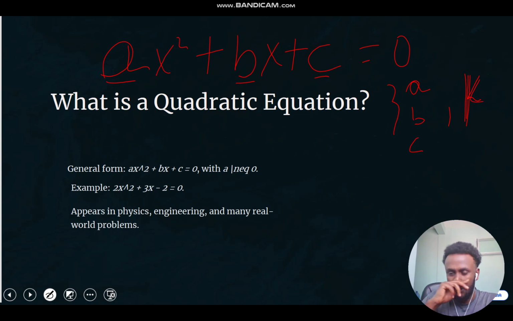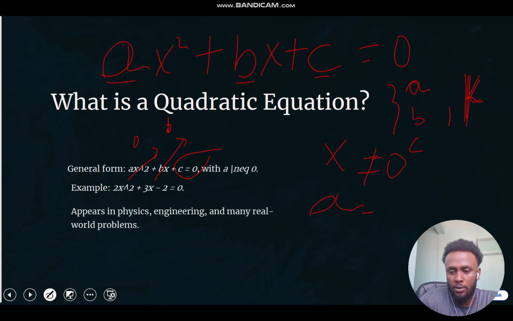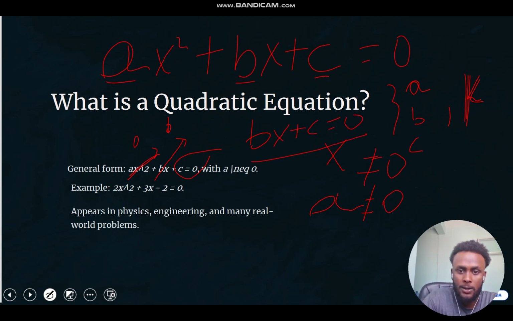So based on this, x must be different from 0, because if x is equal to 0, this part becomes 0 and this part becomes 0, so this equation doesn't make any sense. Also, a must be different from 0, because if a is equal to 0, this part becomes 0, so bx plus c will remain. So what is this? This is a linear equation.